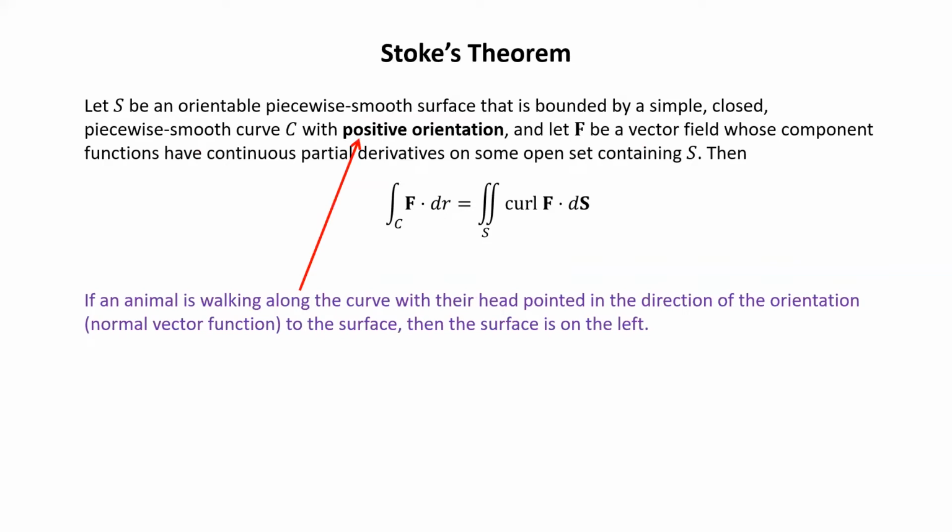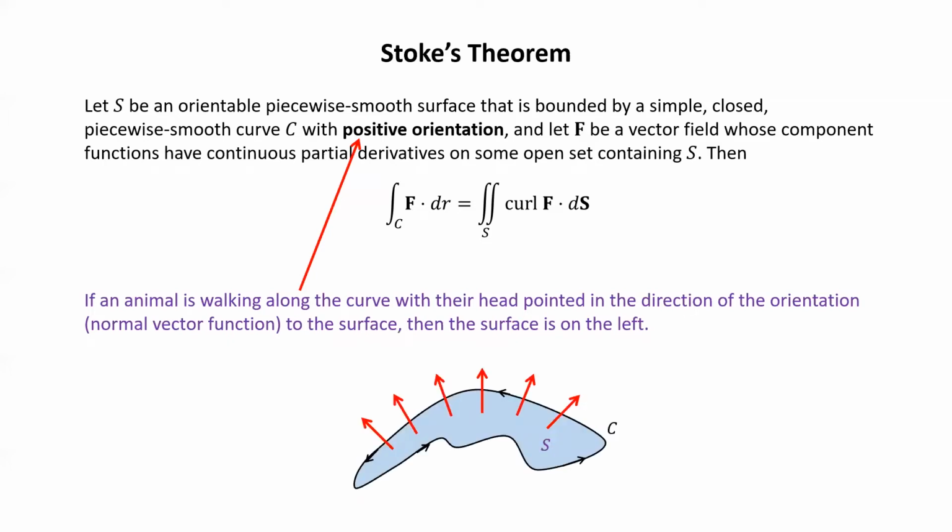Finally, this one's new. By saying that the piecewise smooth curve C has positive orientation, one way to think of this is that if an animal is walking along the curve with their head pointed in the direction of the orientation of the surface, in other words, the normal vector function, then the surface will always be on the left.